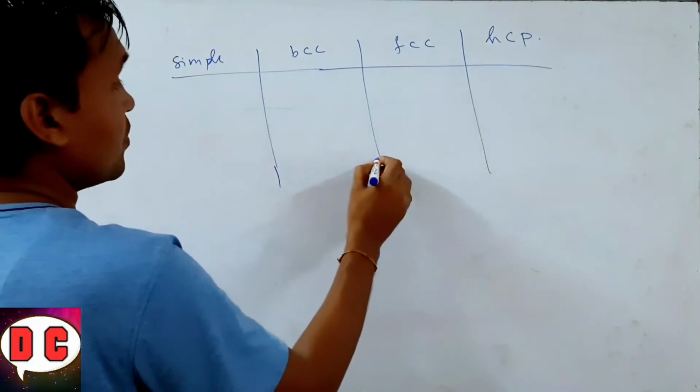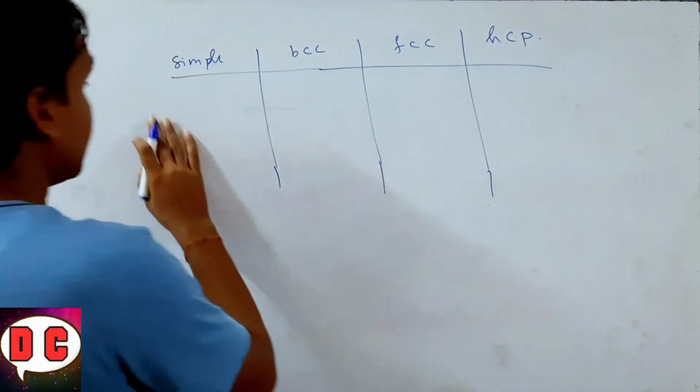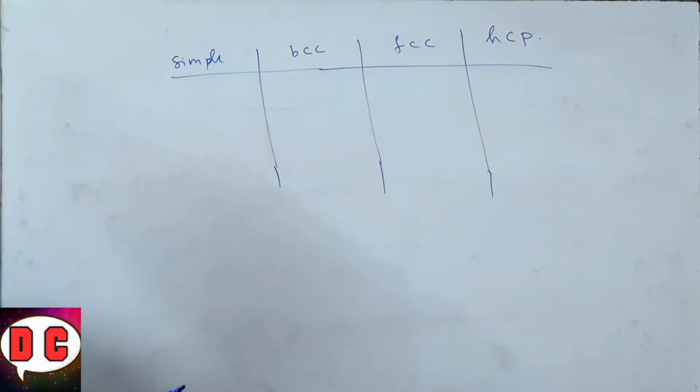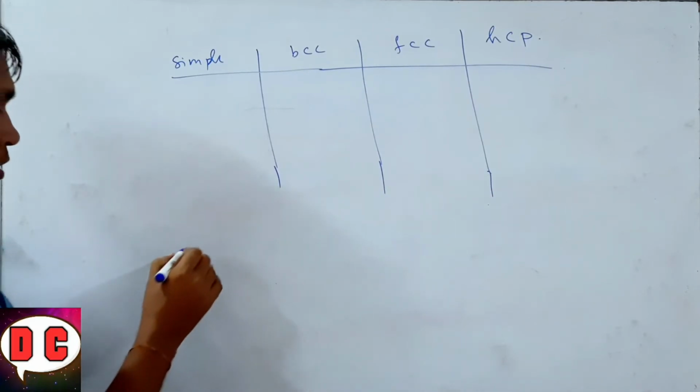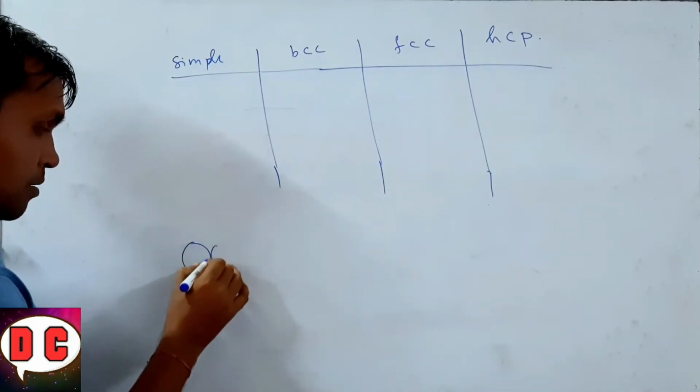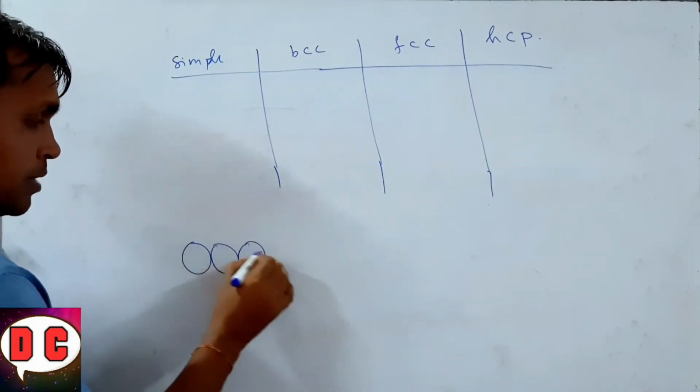You will see that in simple primitive cells, the packing, close packing structures, this is one arrangement.